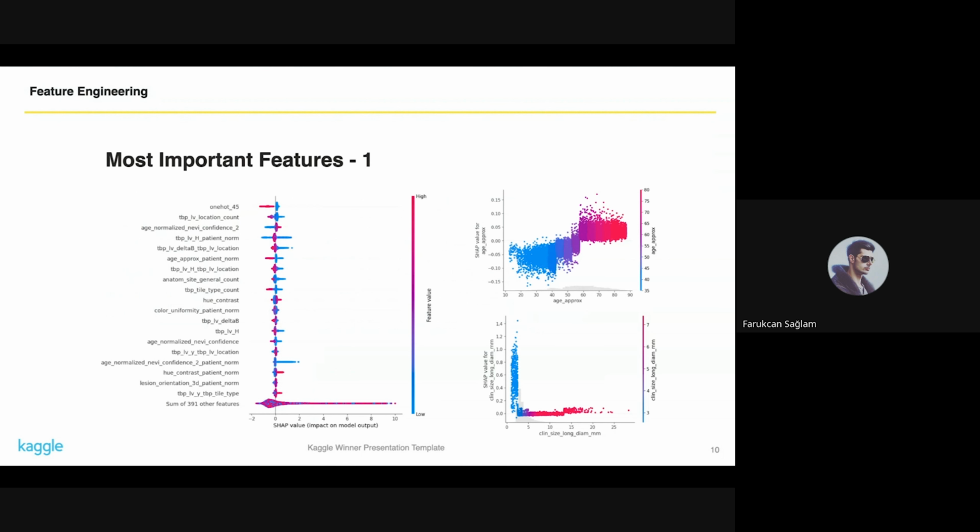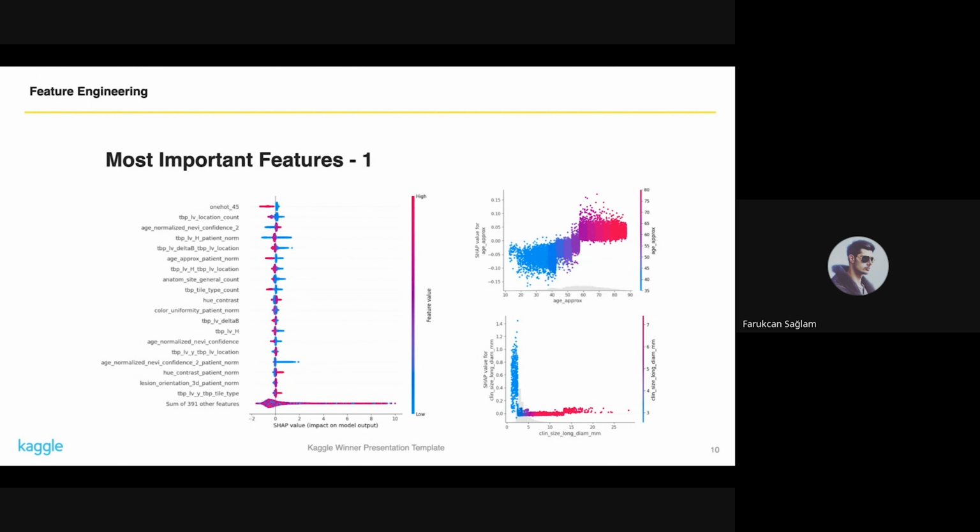The patient's lesion size and interactions with age were the most influential features. By the way, there are some features named as one hot. They are categoric features. I encoded all the categoric features. So sorry for the column names. I think 145 is one of the lesion locations.